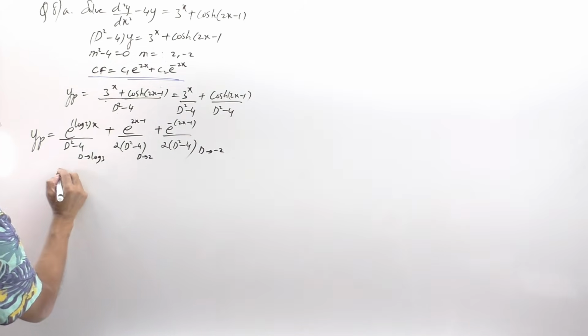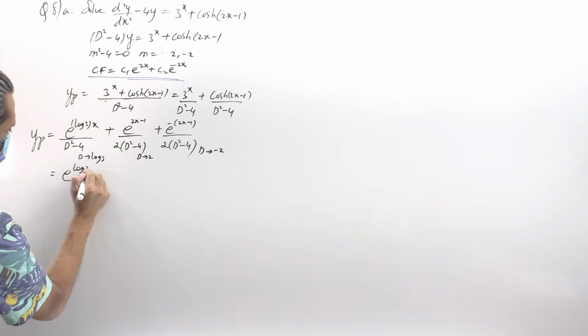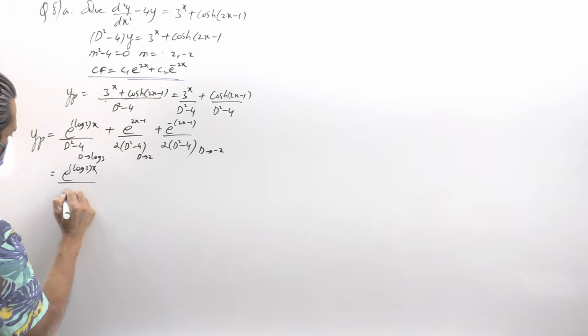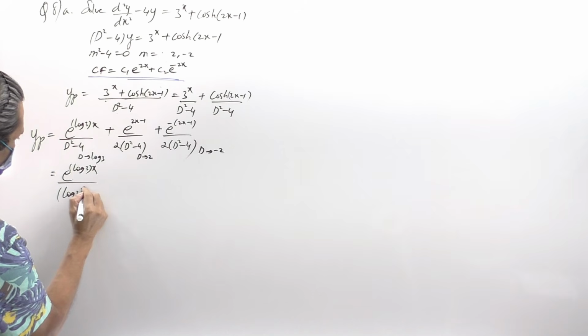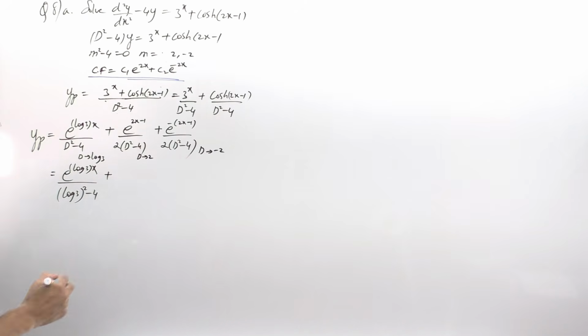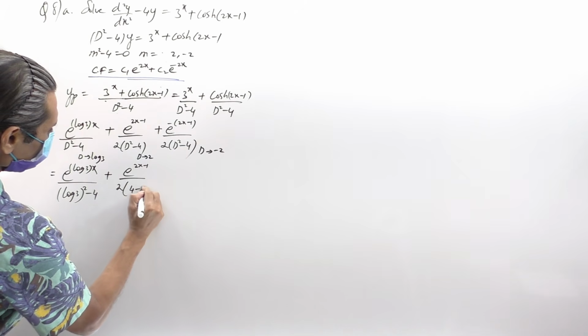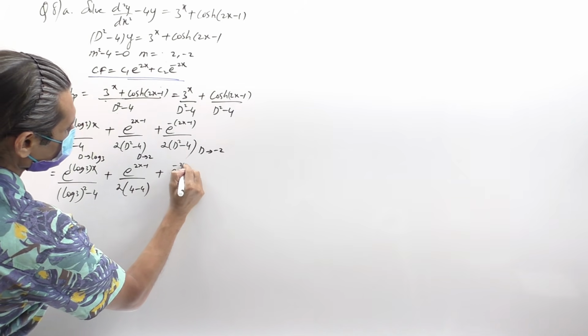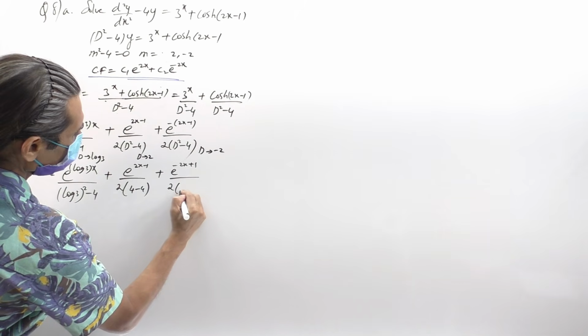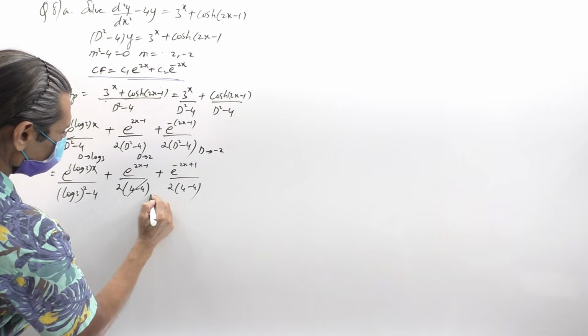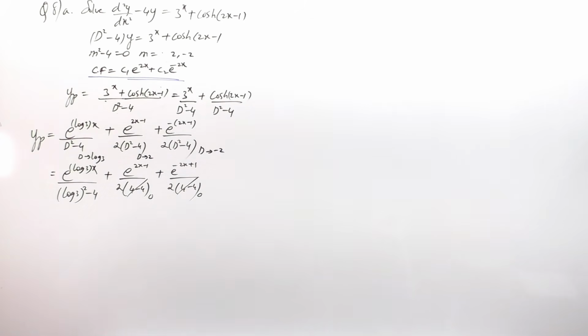Now let's replace it. We get e raised to log 3x divided by log 3 whole square minus 4, plus e raised to 2x minus 1 by 2 into 4 minus 4, plus e raised to minus 2x plus 1 by 2 into 4 minus 4, and obviously this is 0, this is 0. So when the denominator is 0, we multiply, this will be as it is, e raised to log 3x divided by log 3 square minus 4.